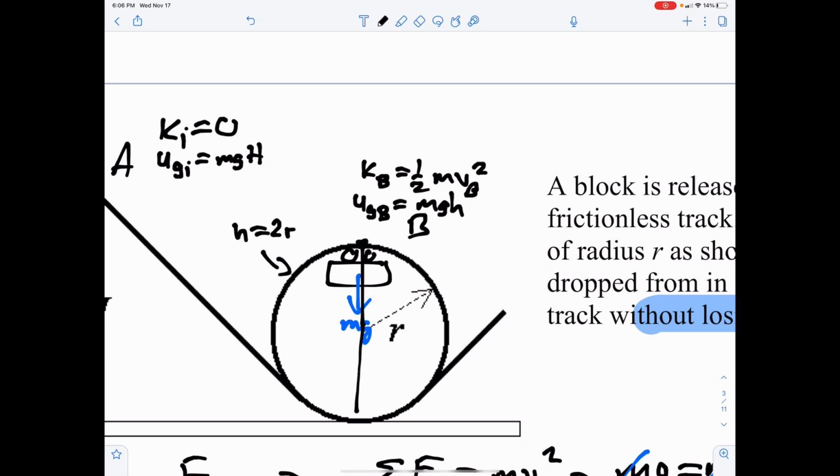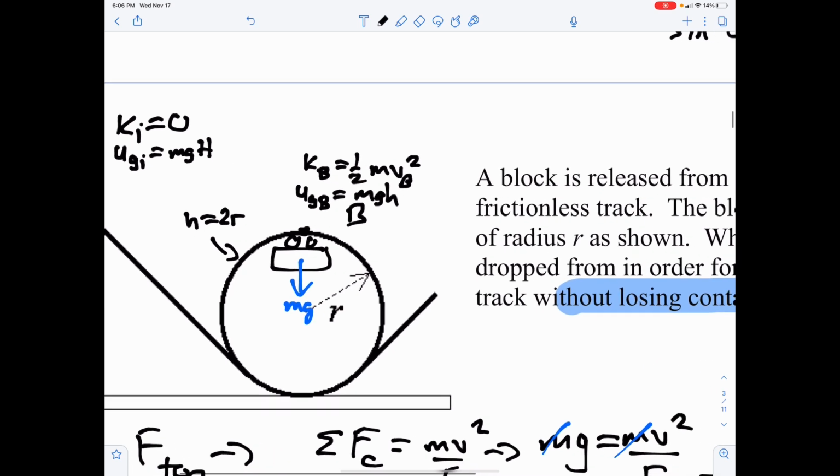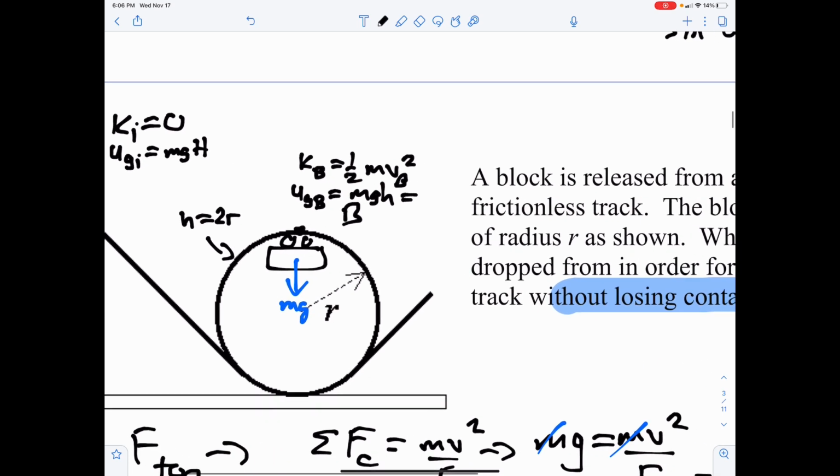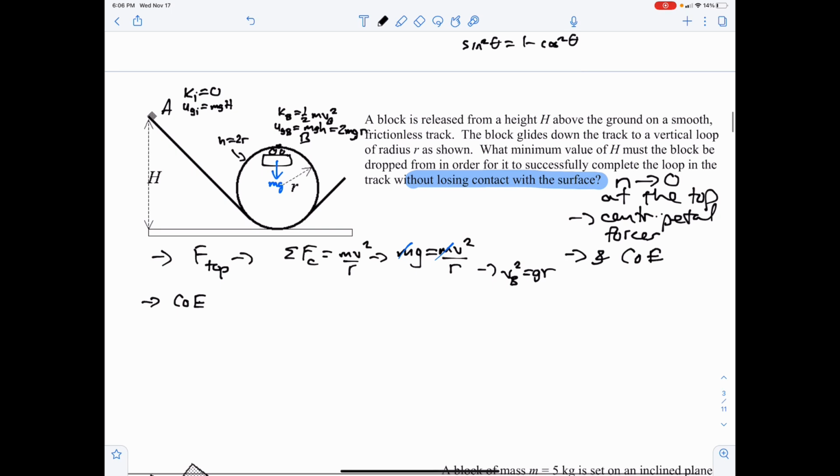Radius plus radius is h, or 2 radius. So that would actually be equal to 2 mgr. Should probably write it like that.